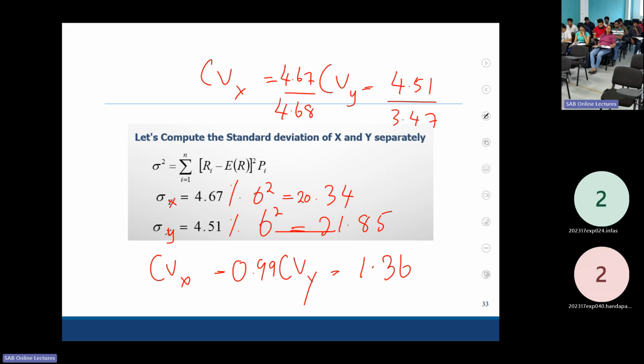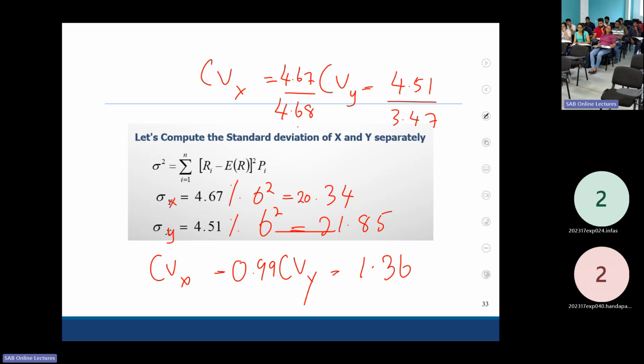So what is the point you should learn? To compare two stocks, you cannot simply look at expected return and standard deviation. If the expected return for both X and Y is the same, then you can compare these two.